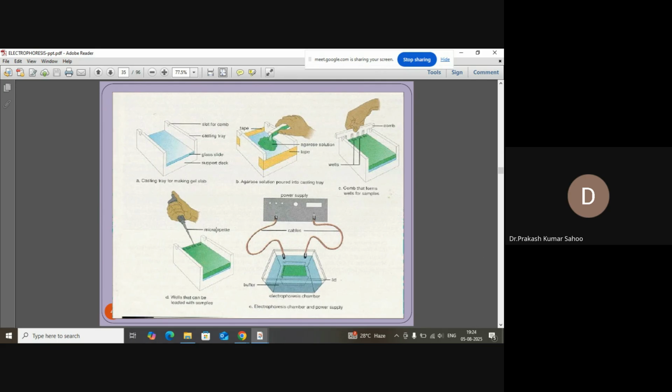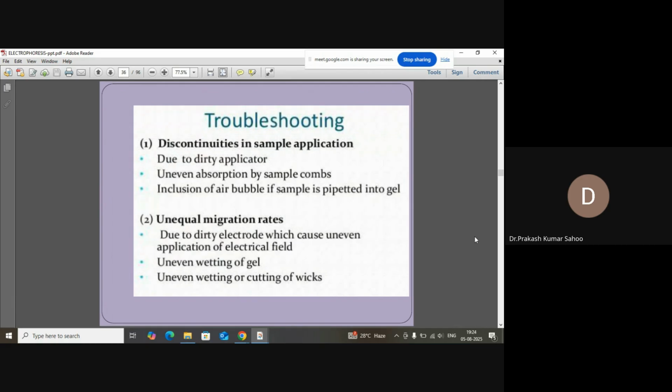With the help of a micropipette the samples are placed, and after that the electrical connection is made, and by virtue of electrical migration, the ions are separated.